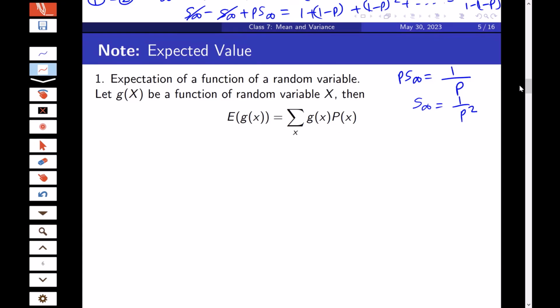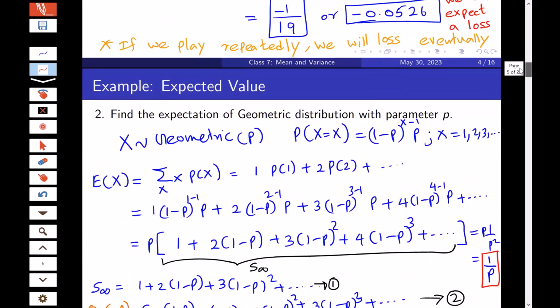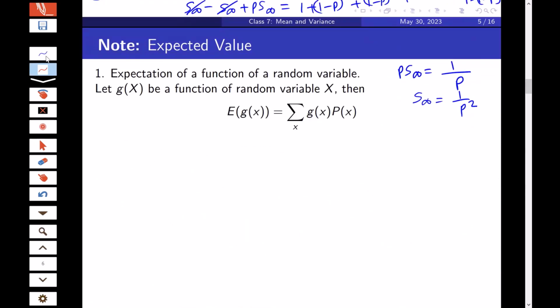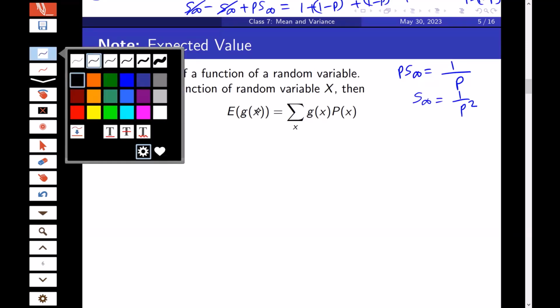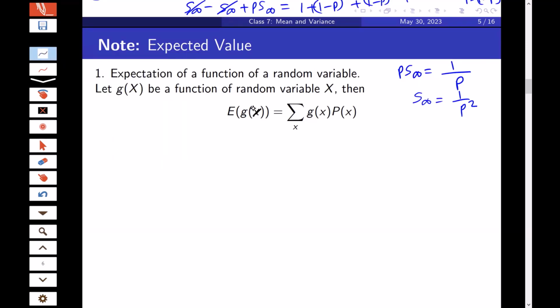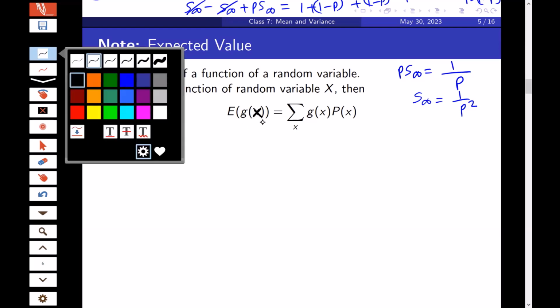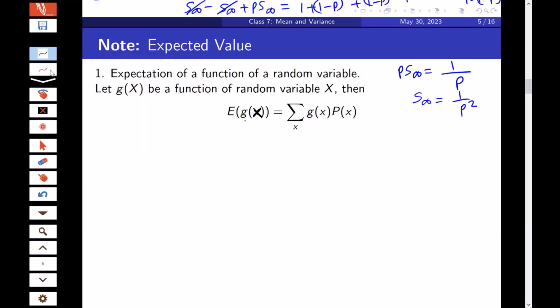Here we have just X, so expectation of X. But if you have a function of a random variable, so this should be uppercase X, you can use this definition.